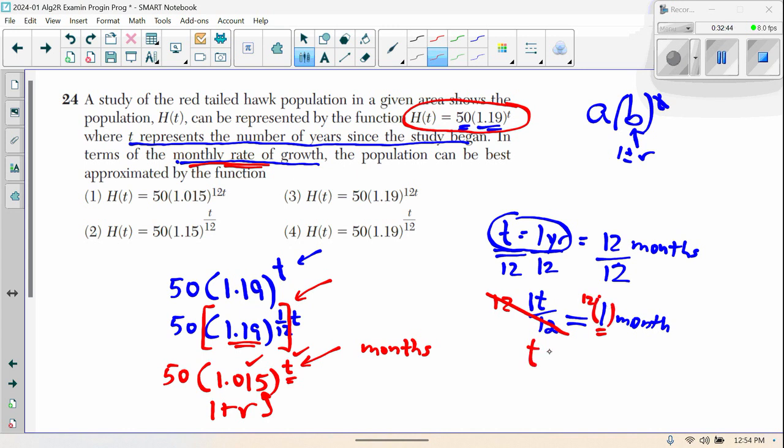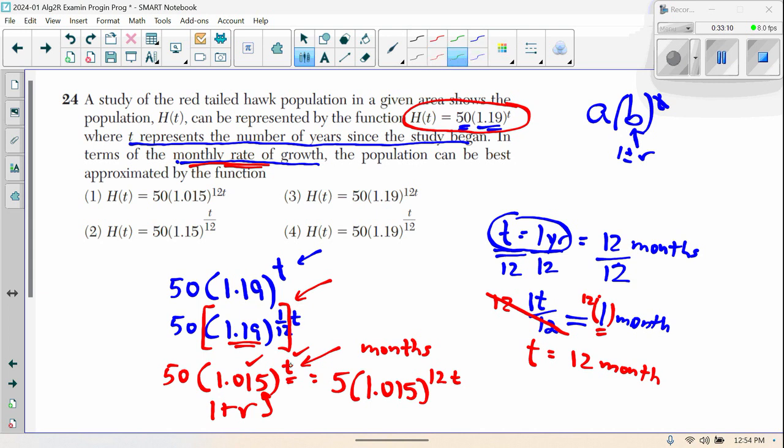So my 1 year is 12 months. Okay? This t is in months right now. So how do I make that into year? 12 times the month is now a year. I think it would have been easier for you to understand.